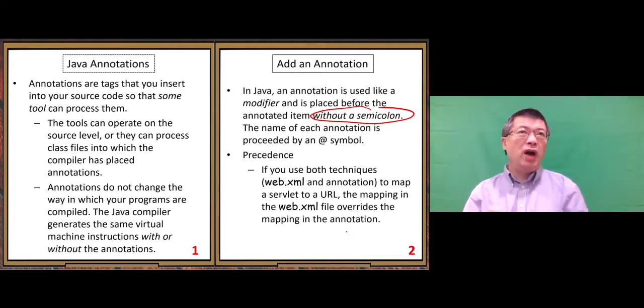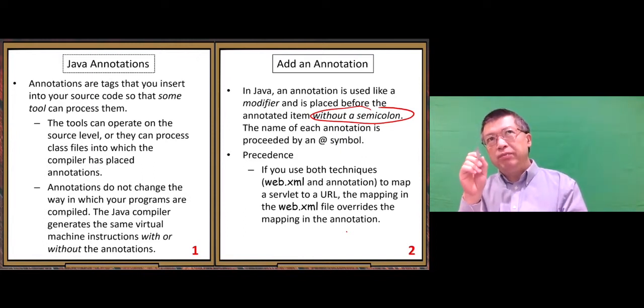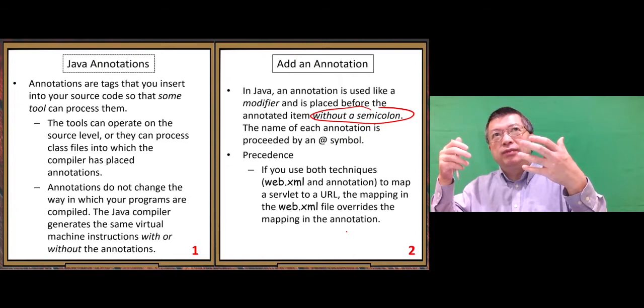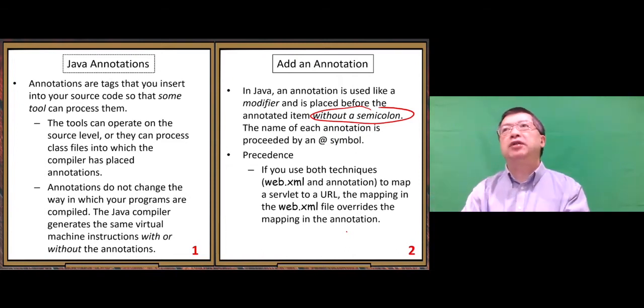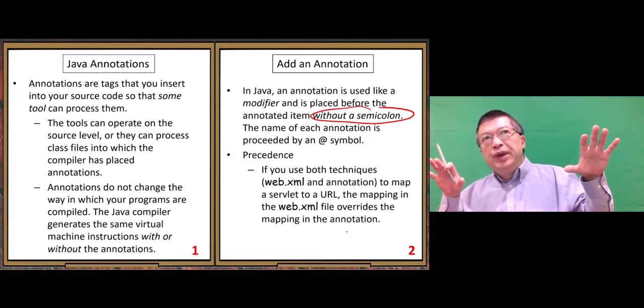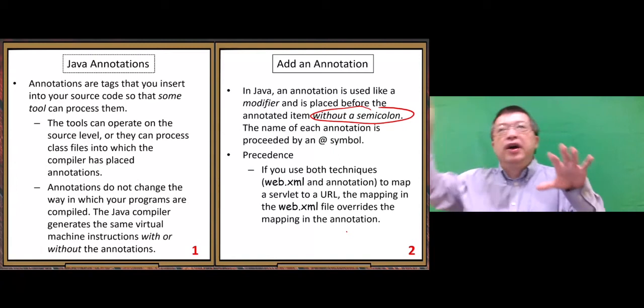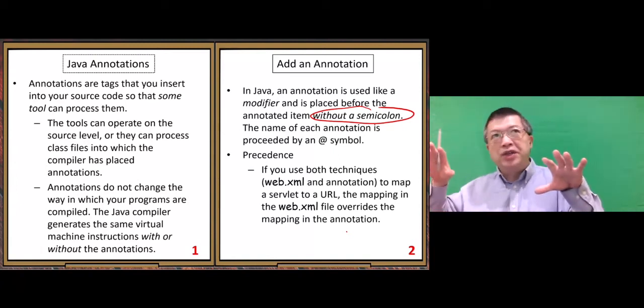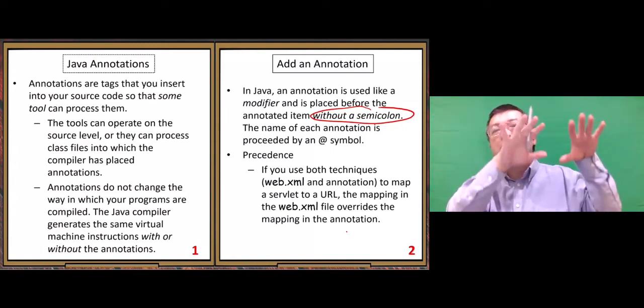You may ask why people may do two ways, right? Why people may do two ways? There are some reasons. The annotation way, usually when the programmer creates that servlet, it does that annotation at the same time. But later, when people want to change the behavior of the whole web application, they can do it inside web.xml.